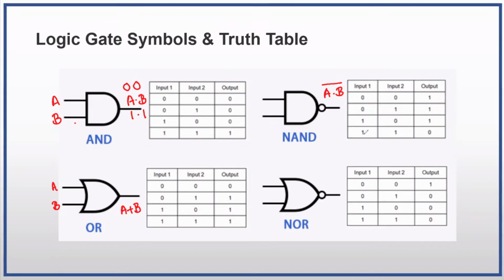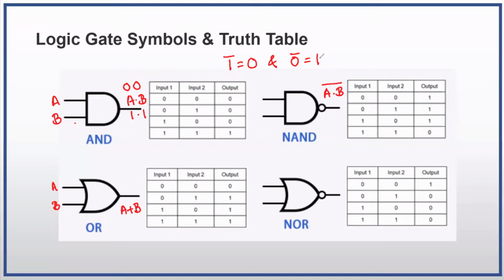In the AND gate, the output is 1 only when both inputs are 1. So this is totally the opposite. You know what is meant by the complement. The complement of 1 is equal to 0, and the complement of 0 is equal to 1.